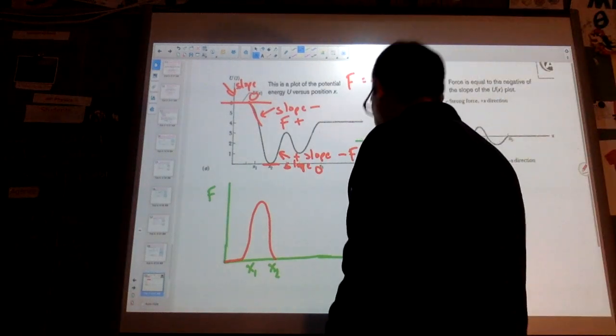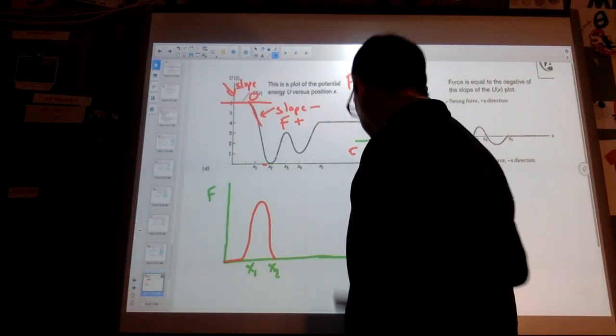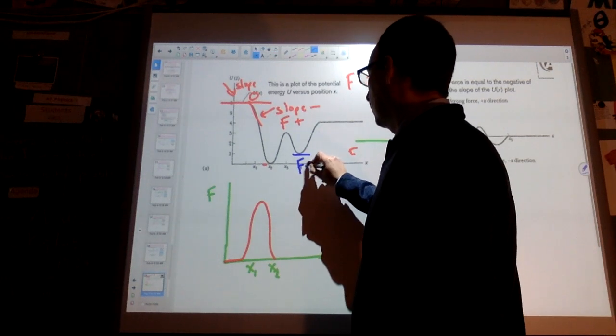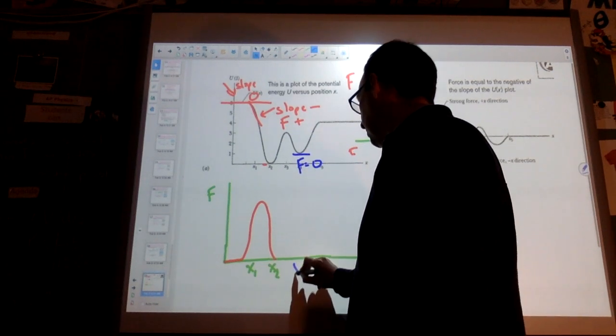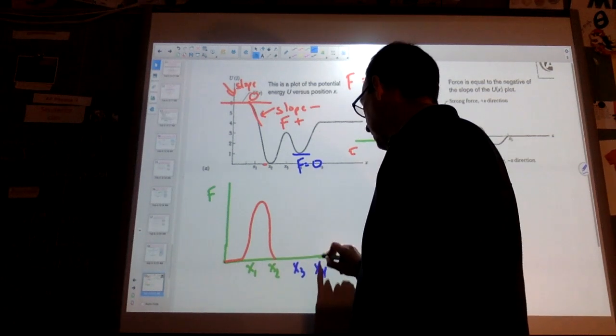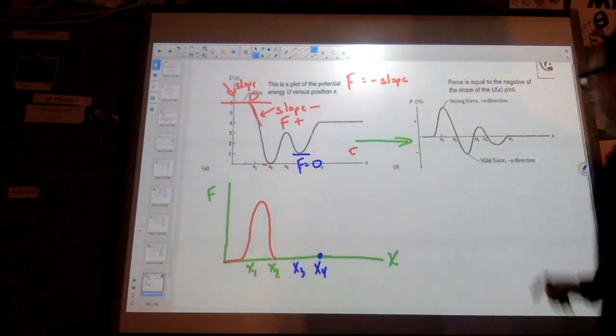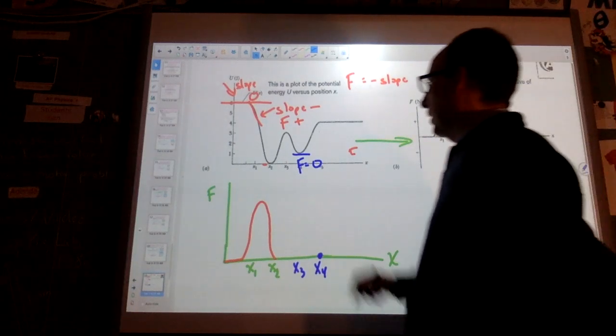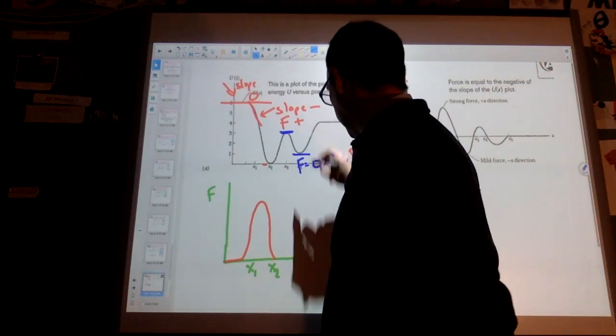It looks like, again, at x4, F is equal to 0. So x3, x4, I'm back down to 0. At x3, I'm 0.